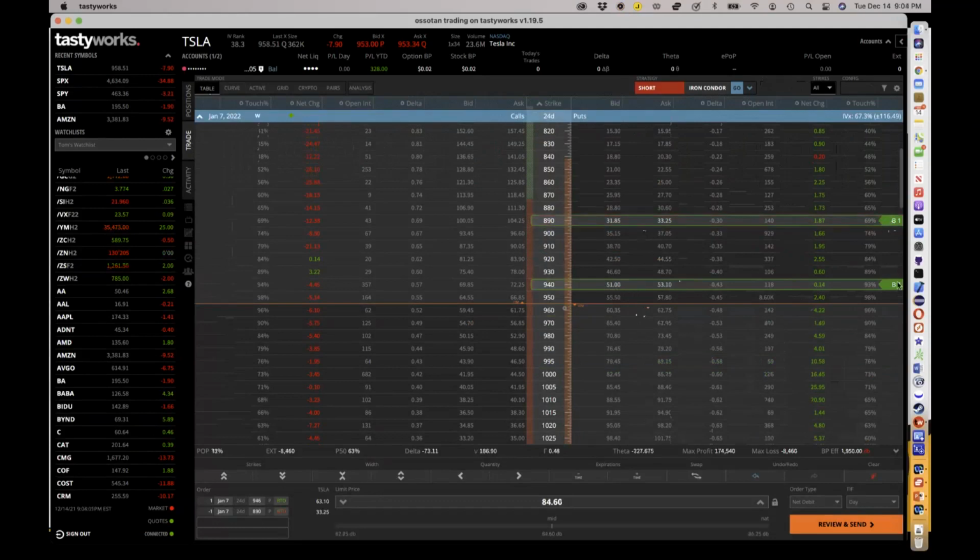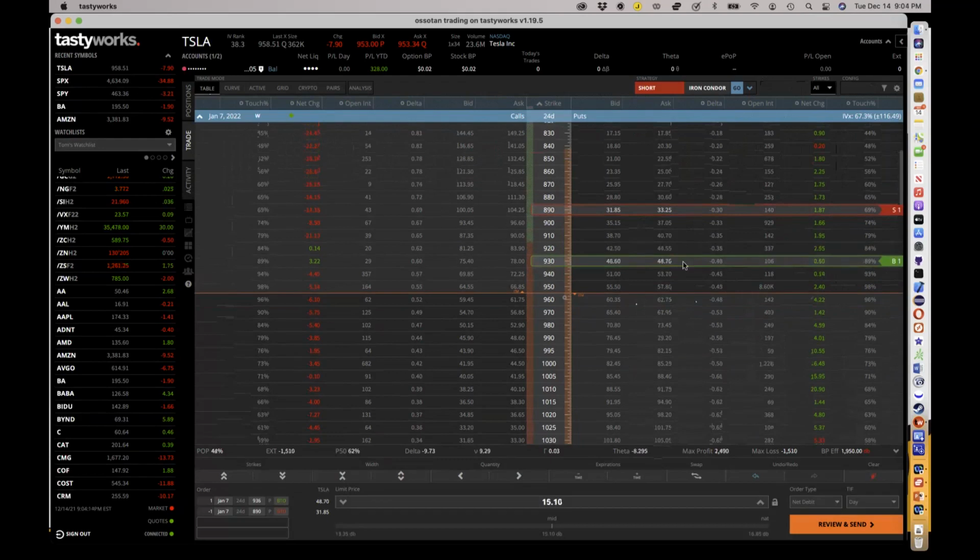If I reverse them, this is a bear put spread, because I want the stock to go down. But in the bull put spread, I want the stock to go up, because I'm collecting premium. See, I'm collecting premium over here.